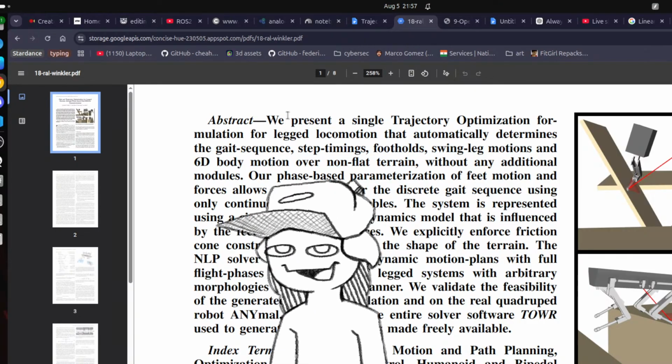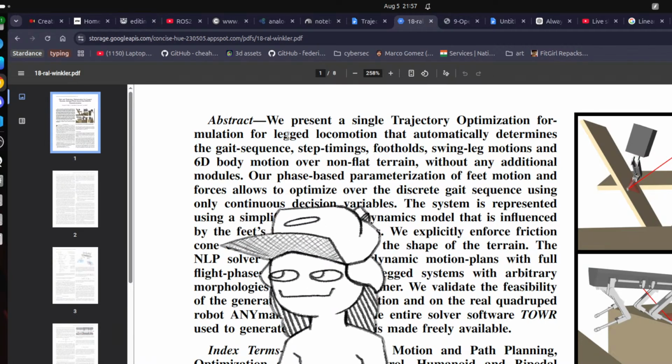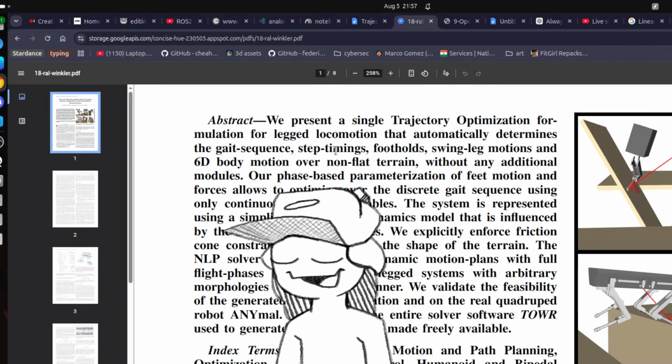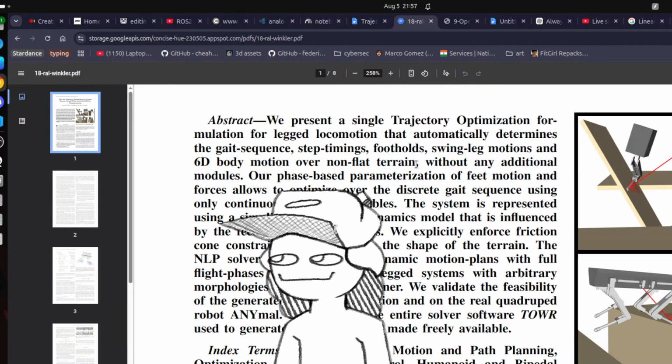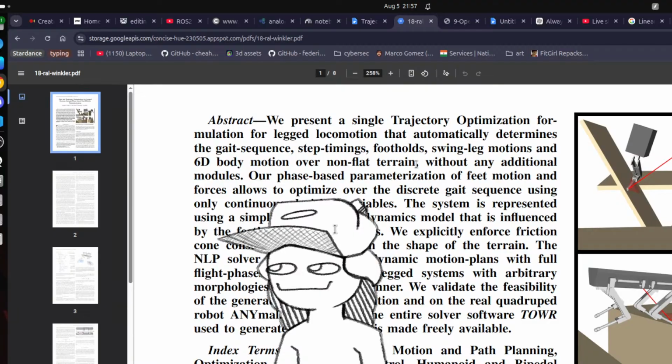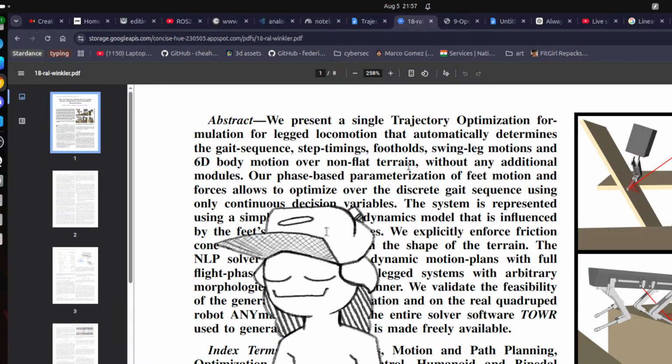So we are dealing with a formulation for any legged robot over any terrain that's unknown. So we are not pre-assuming a particular terrain.